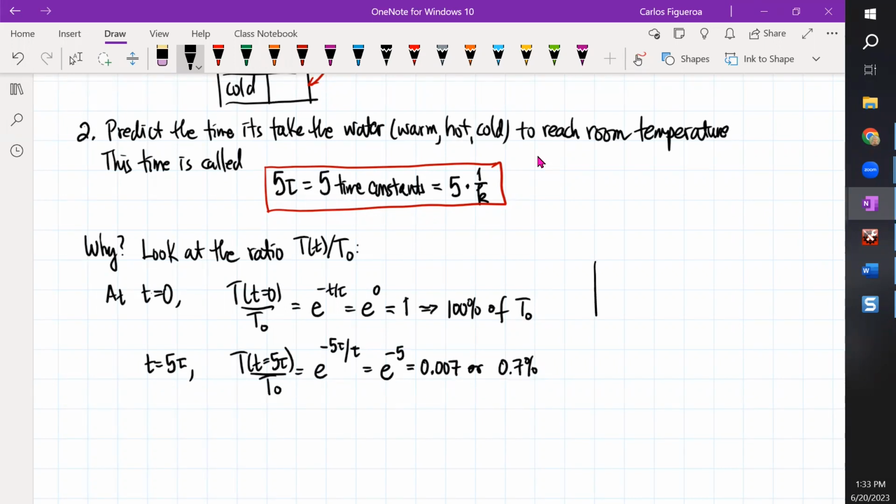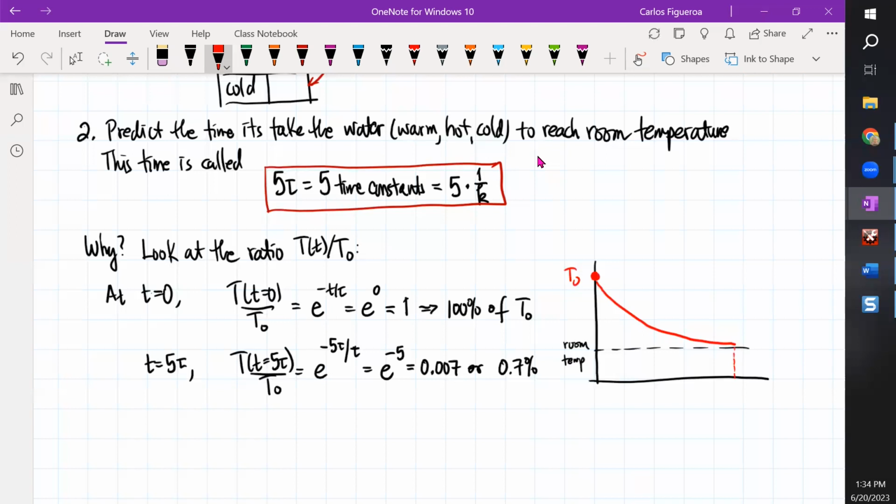That when I look at my graph, and if this is room temperature right here, and I start off at a point right here at T naught, this will decay to 99.3% of its value would have decayed to the room temperature value.